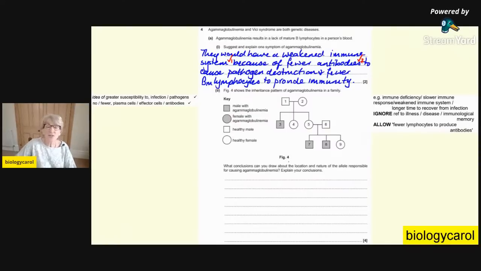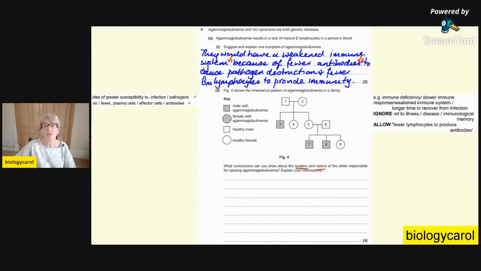What conclusions can you draw about the location and the nature of the allele responsible? As soon as it said location, I'm thinking they're either going to want me to talk about different chromosomes or the X chromosome, sex linkage. And for the nature of the allele, they're going to want me to say whether it's recessive or dominant.